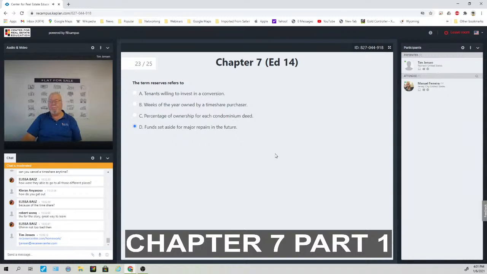And 80% of you are correct, answering D for dog, funds set aside for major repairs in the future. Capital reserve funds are put in budgets. Number 24, long-term stability of residence is most characteristic of, according to the book, what?